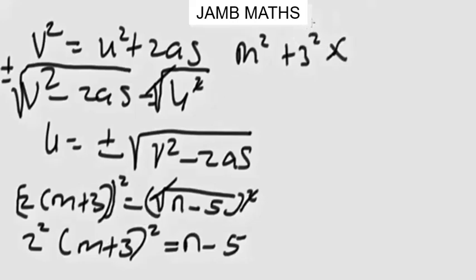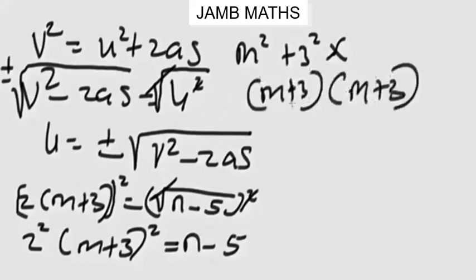It's only when there is no plus or negative sign that you're allowed to distribute the powers equally. But when there is a plus sign, don't do like that, you fail it. So basically what m plus 3 bracket close square means is m plus 3 and m plus 3, so you just multiply m plus 3 two times.